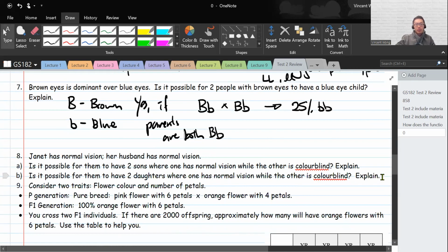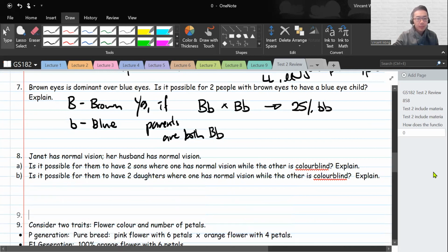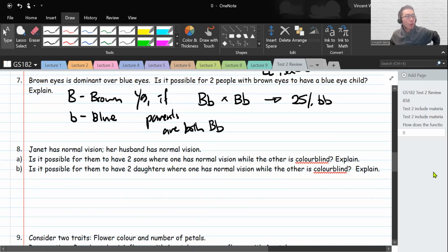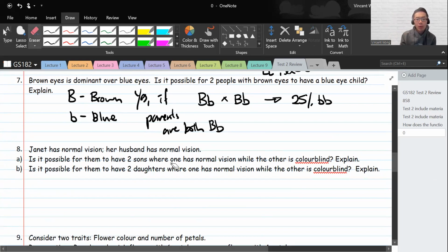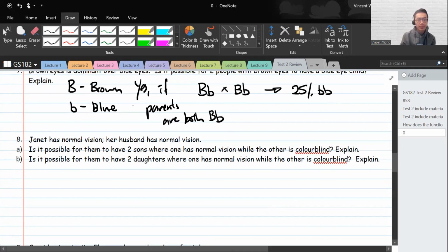Okay, let's take a look at this here. Janet has normal vision. Her husband has normal vision. Is it possible for them to have two sons where one has normal vision and the other one is colorblind? Okay, so if Janet has normal vision, then Janet must have at least one normal copy of X, right?